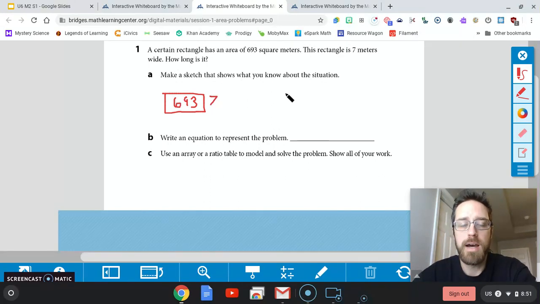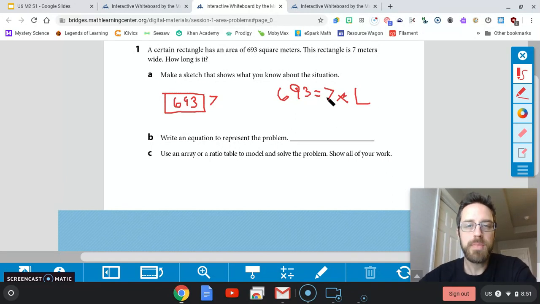So knowing our area formula, that it's length times width, I could plug it in and say 693 equals 7 times, in this case, the length, okay? So write an equation.